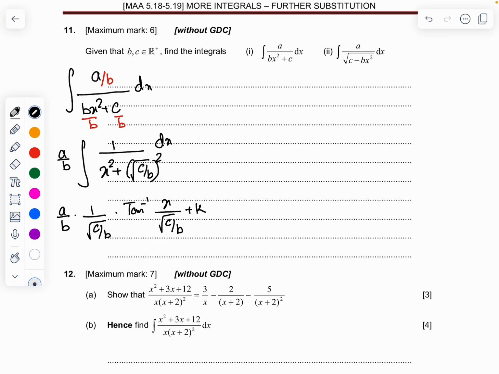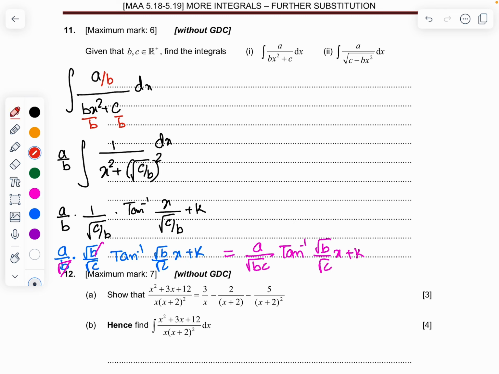So my final answer, when I simplify this one, a upon b times root b upon root c, then tan inverse root b upon root c, x plus k. So b and b get cancelled. Root b and b get cancelled. One more root b will be left over. So a upon root bc tan inverse root b upon root c, x plus k. So be very careful with these roots.